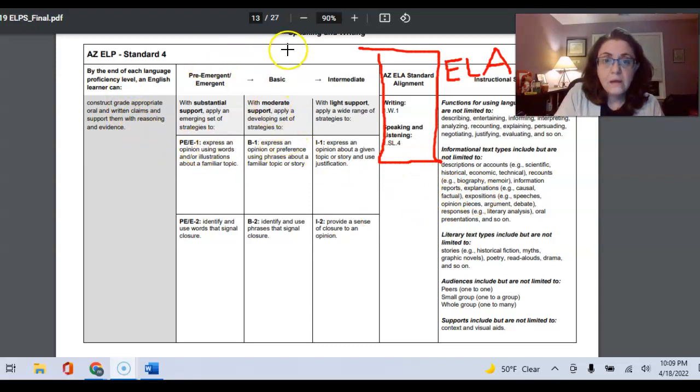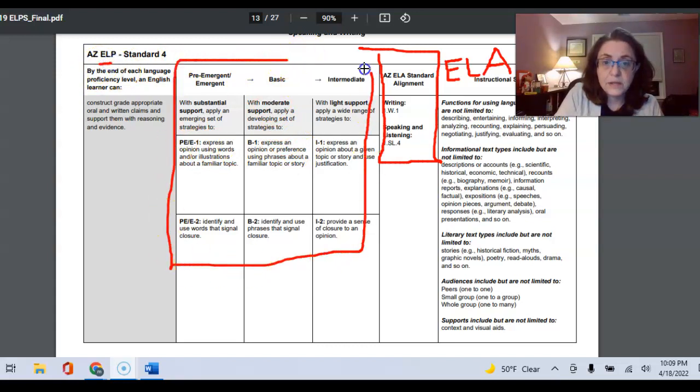The ELP standards need to have this verbiage, and this is what needs to be written for ELP standards. Not these numbers and letters, but this right here, the ELP standards. I hope that makes sense.